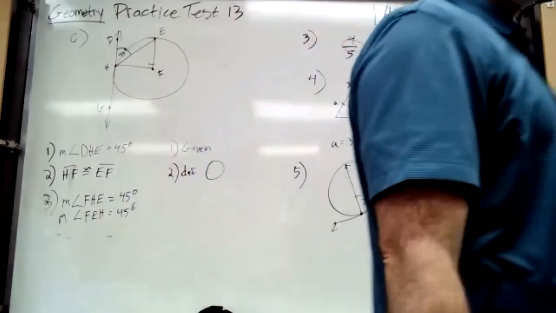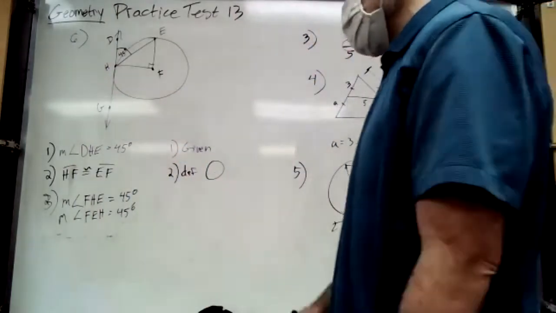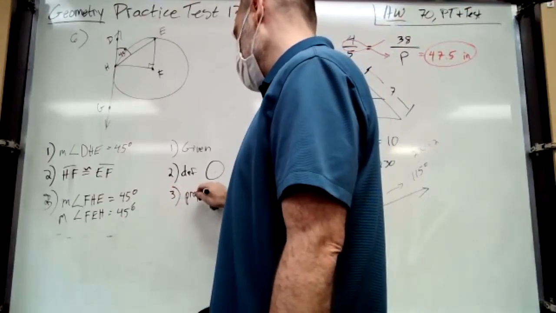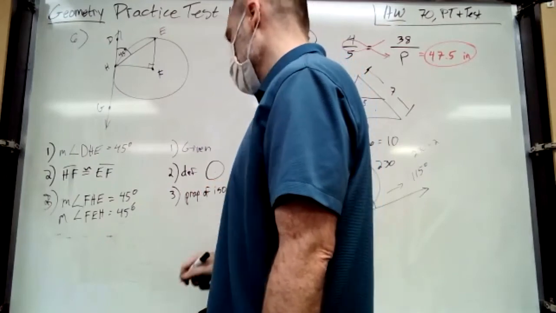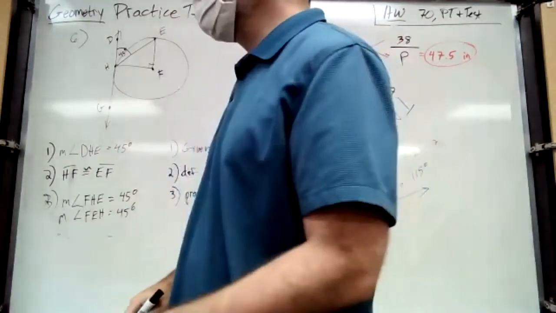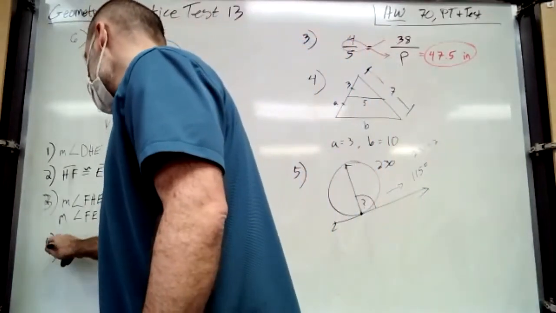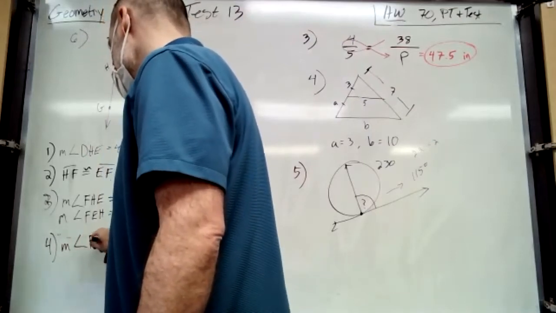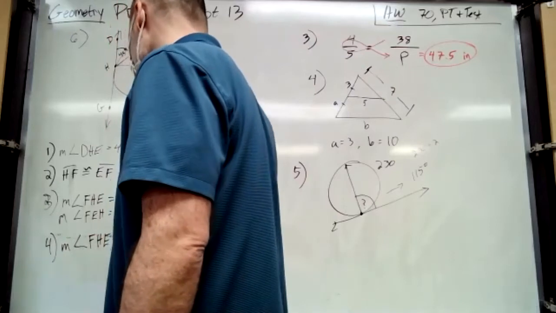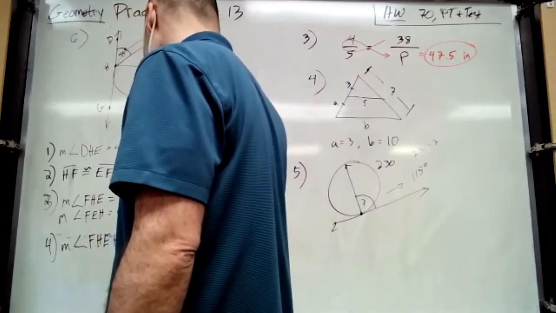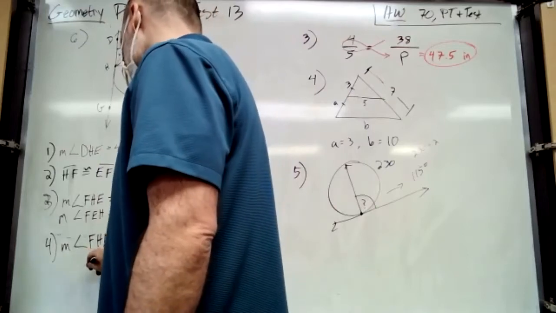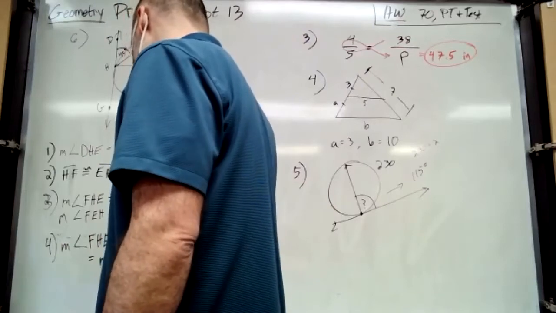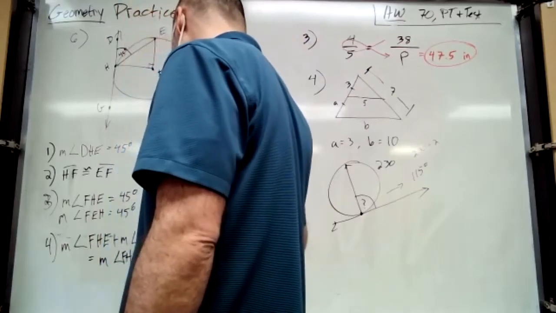Because it's an isosceles triangle. So the property, you can just say prop of iso triangle. All right, so now that it's 45 degrees, we can say that the measure of angle FHE plus the measure of angle DHE equals the measure of angle FHD, right? Because of angle addition. So you can say angle add.